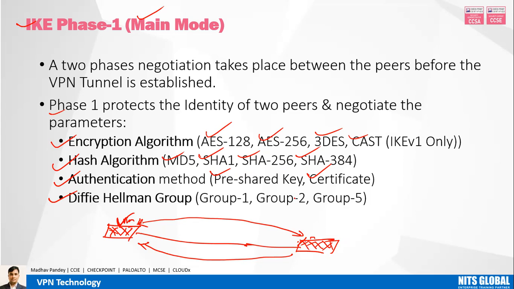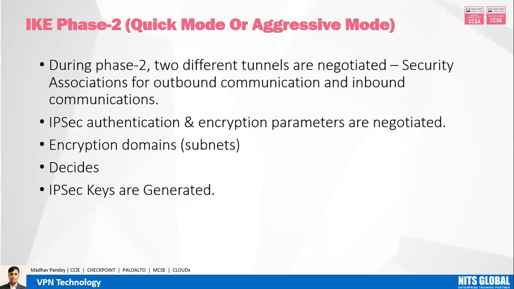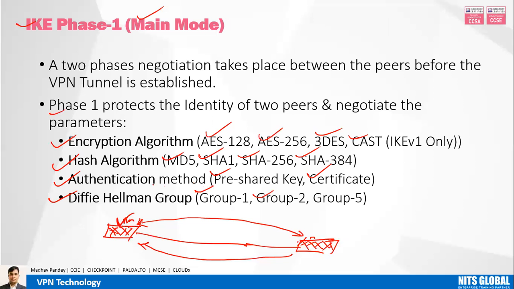There are many different groups. I have mentioned group 1, group 2, group 5 here, but there are many more, like group 14, group 19, group 20, different versions. So these four parameters, the two firewalls exchange in phase 1.